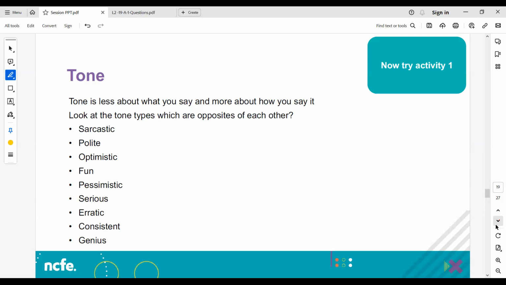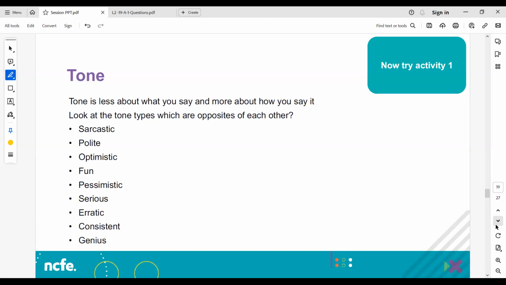And we've got some examples of tone types here: sarcastic, polite, optimistic, fun, pessimistic, serious, erratic, consistent, genius.